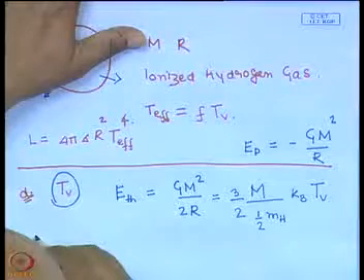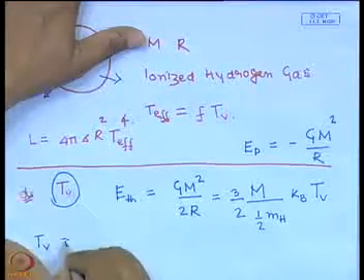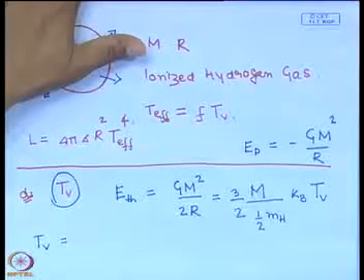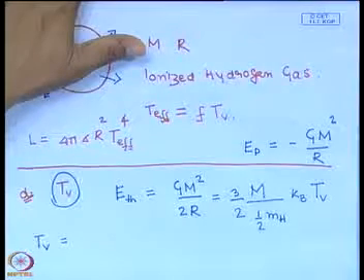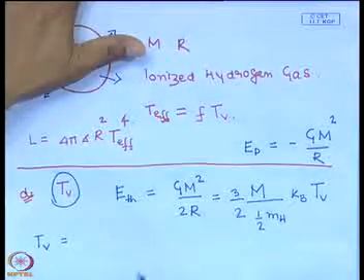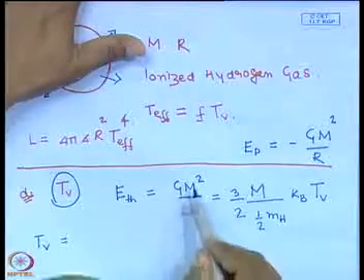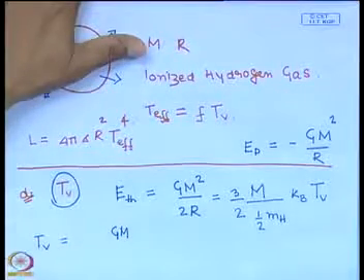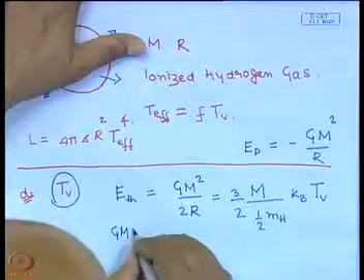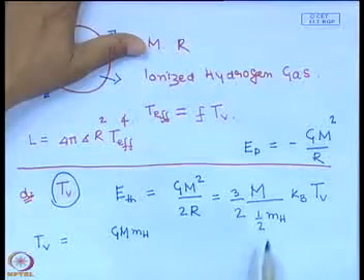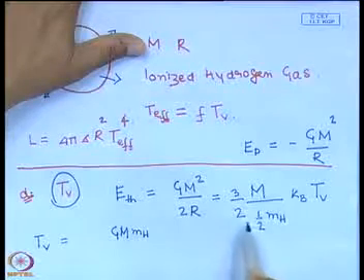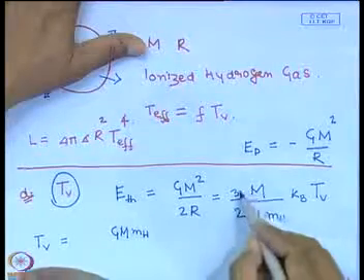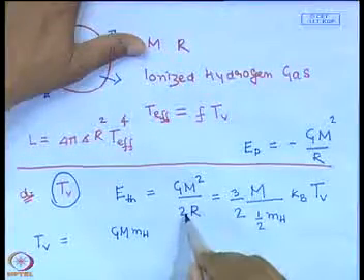So, the virial temperature is equal to, so, let us see how much is it equal to. So, the virial temperature is equal to, one factor of m cancels out, it is equal to G m into the mass of the hydrogen atom, these factors of 2 will cancel out, and if I bring this onto the left hand side I will get a factor of 6.